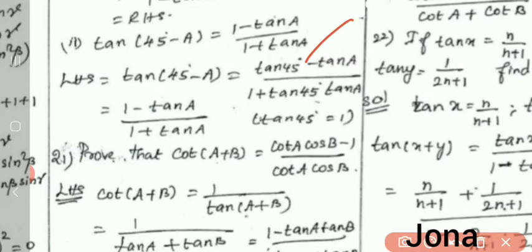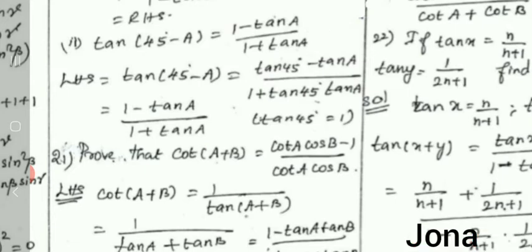Here tan 45 the value is 1, so we get 1 minus tan a by 1 plus 1 into tan a, that is 1 plus tan a. So the answer is 1 minus tan a by 1 plus tan a.